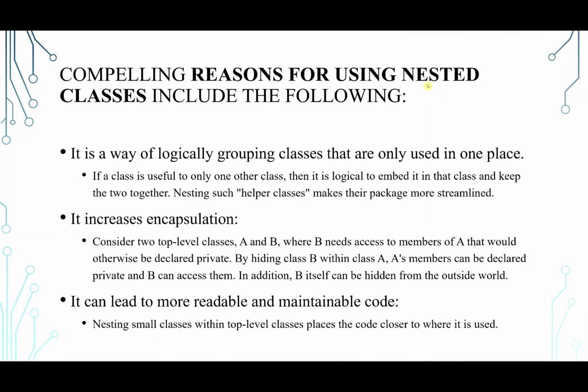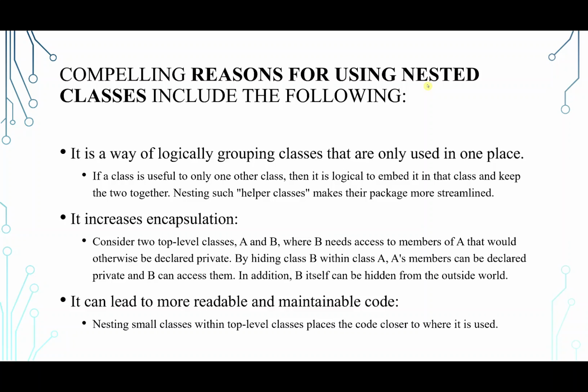So the main three reasons why we use nested classes are, one, it's a way of logically grouping classes that are only used in one place, like the Node class, we're going to use it in a list, right? Two, it increases encapsulation. We talked about it a lot.